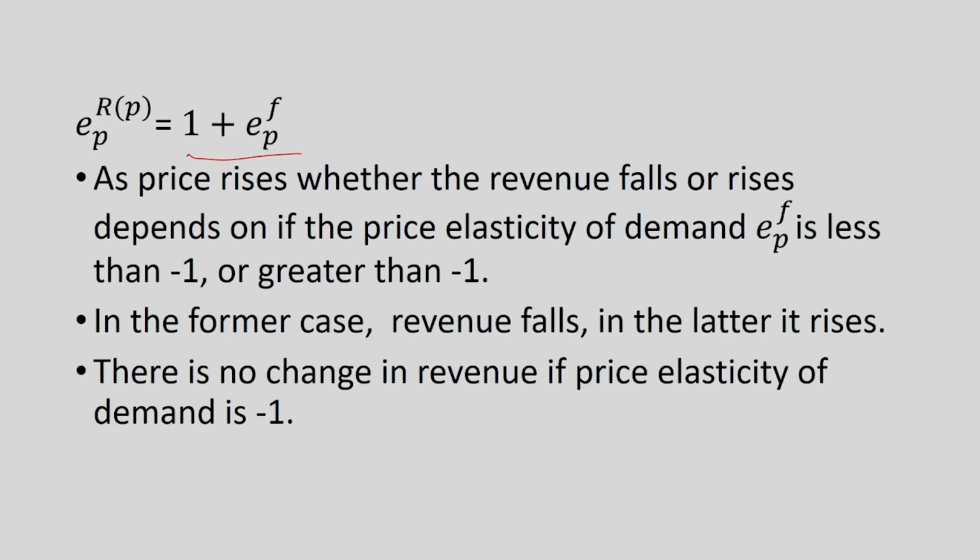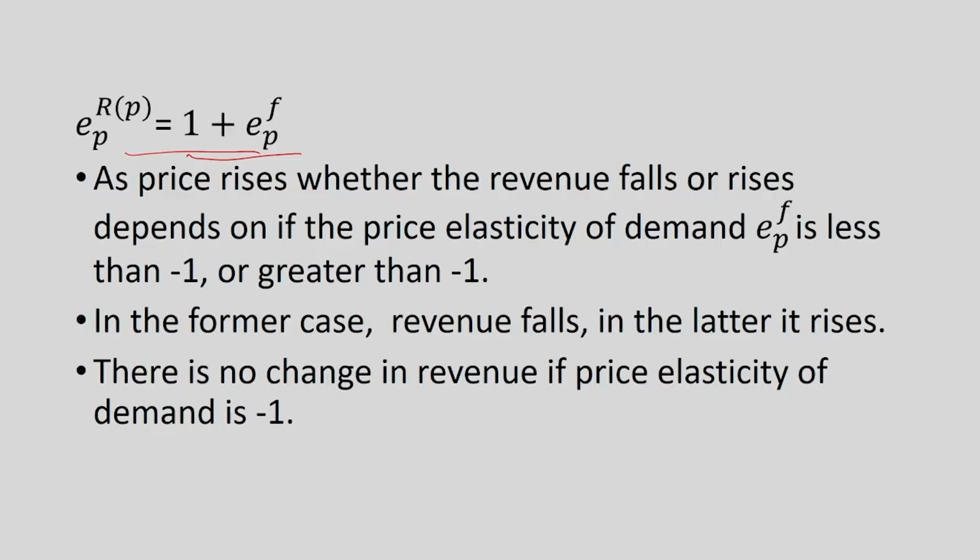So, as price rises, whether the revenue falls or rises depends on if the price elasticity of demand is less than -1 or greater than -1. In the former case, that is, if the price elasticity of demand is less than -1, then this whole expression becomes negative. So, therefore, the revenue falls as the price rises.